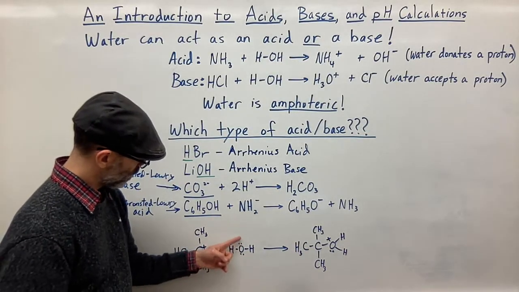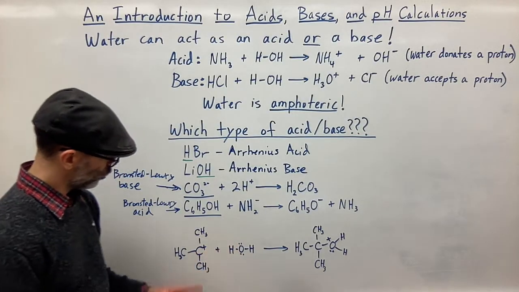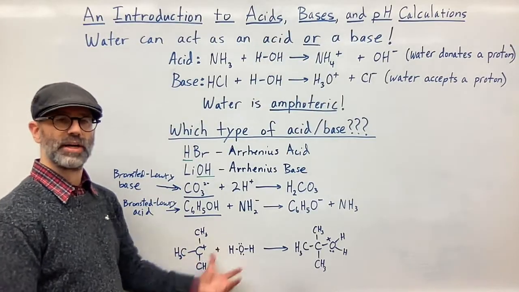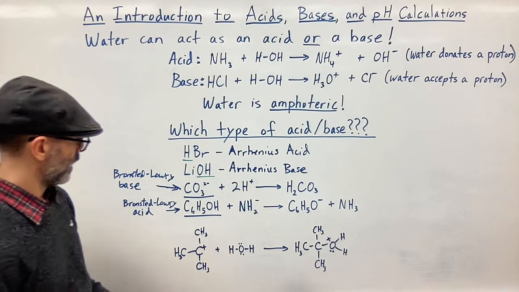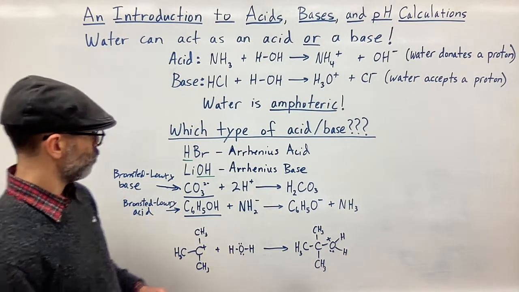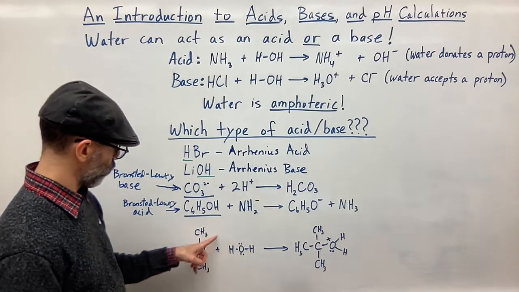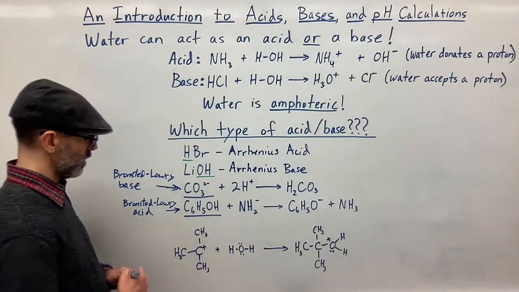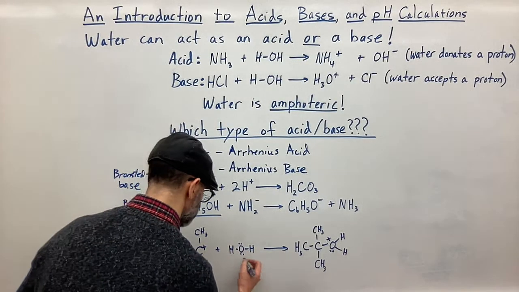Water has a couple of electron pairs here. So it looks like we have accepting and donating electrons. So now we're talking about Lewis acids and bases. And so in this case, it looks like this one's going to donate an electron pair. So this is going to be the Lewis acid.